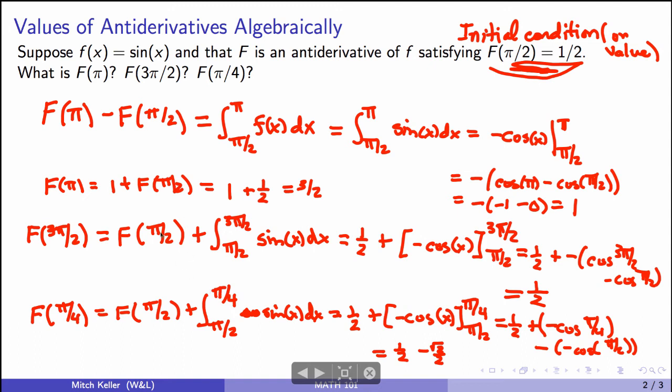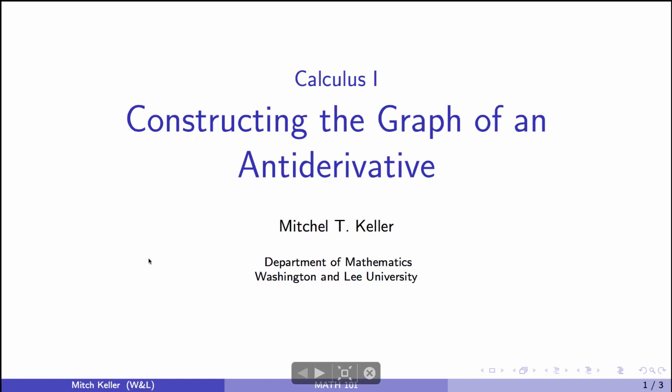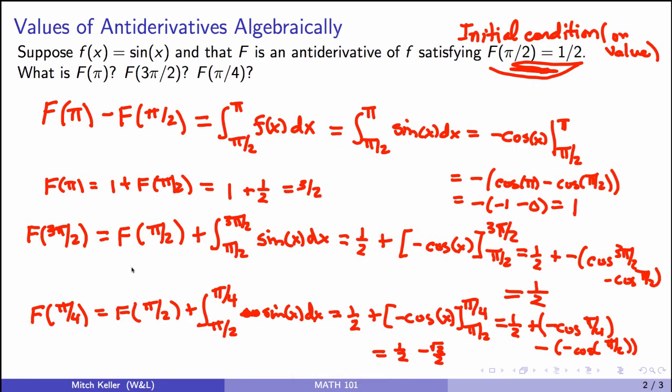Having written all of these in this way leads us to realize that if I told you a different initial condition, if I said F of pi over 2 was 0, the only thing that would change is that this part would become 0, and this value would just change by being smaller by a half.